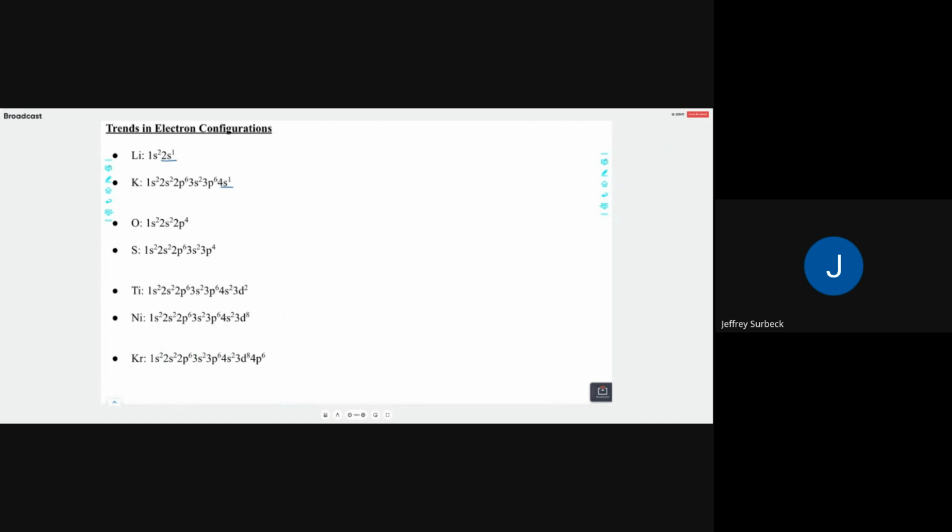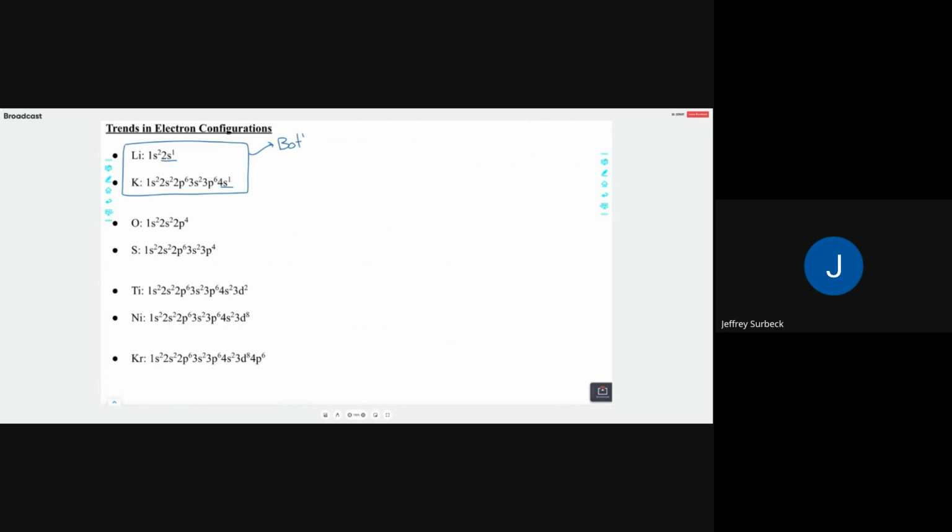These 2 elements, they're different, right? It's lithium and potassium. They have different electron configurations, but right here at the very, very end, this is some important knowledge to identify. Both of these are going to have 1 valence electron, right?